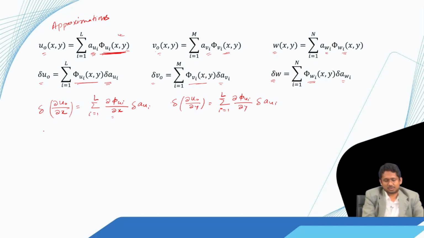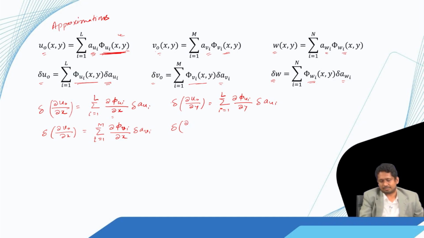Similarly, let us do it for del v0 by del x, and that we can write as the summation from i equal to 1 to m of del phi Vi by del x multiplied by the variation of AVi.